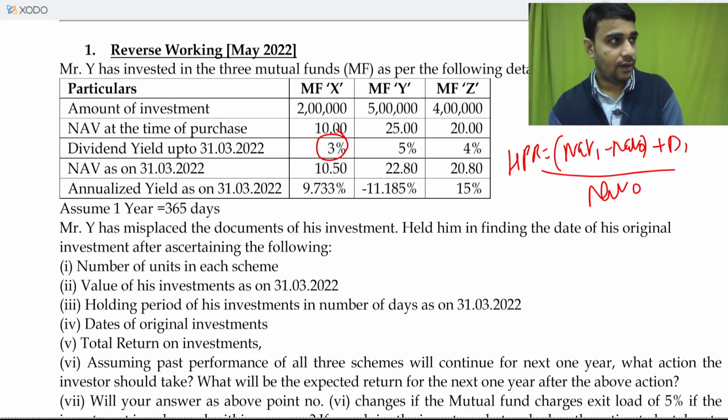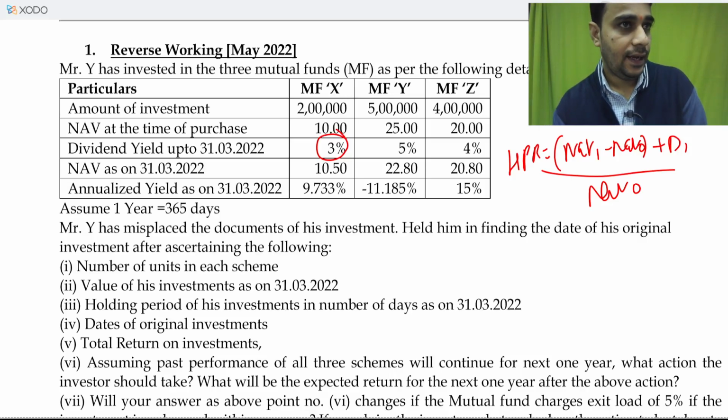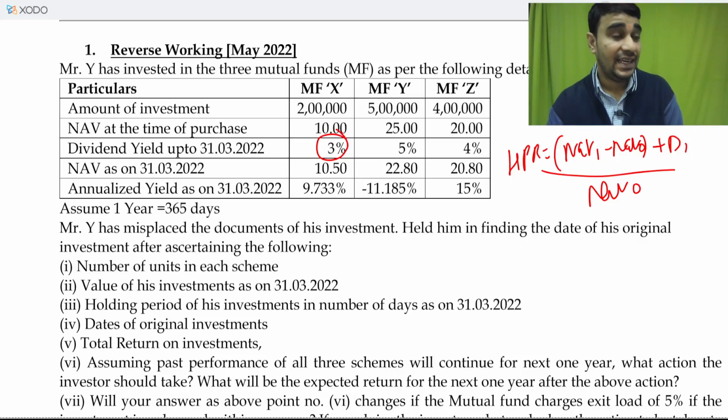Capital gain divided by what you invested is capital gain percentage. D1 divided by NAV0 is called dividend yield. D1 divided by face value is called dividend rate. If you apply it on the face value, it is called dividend rate.